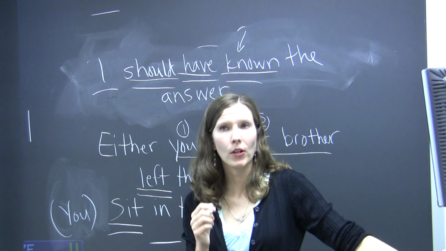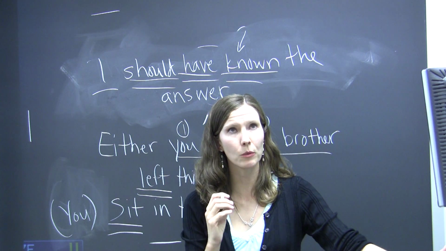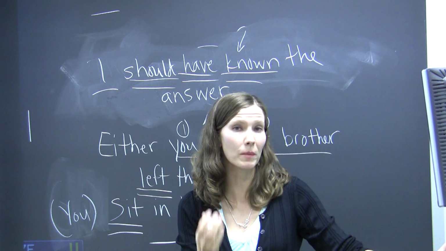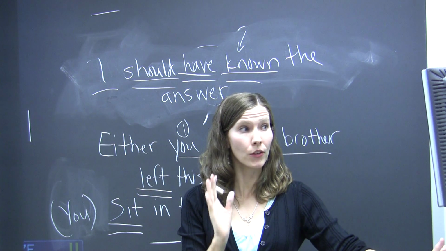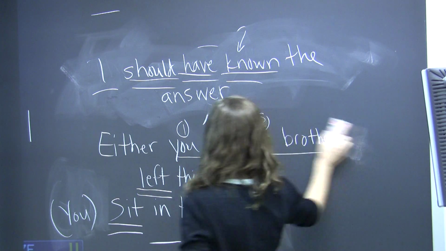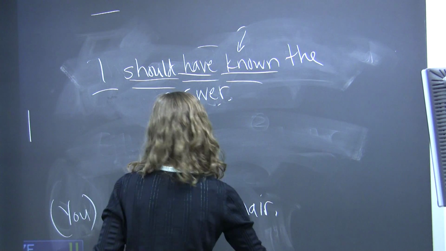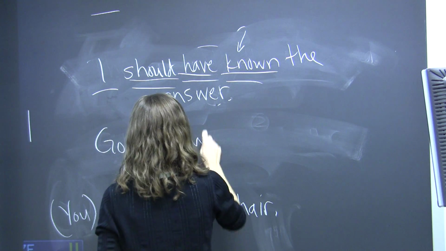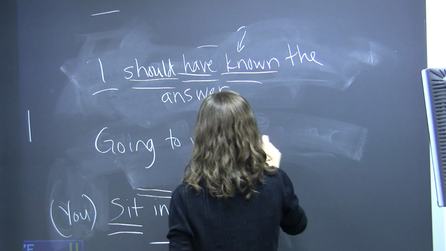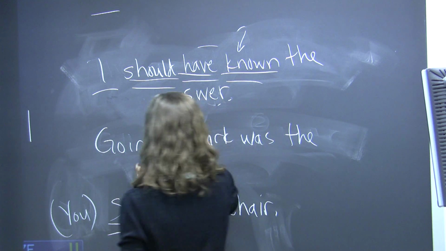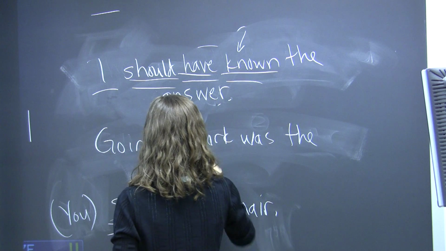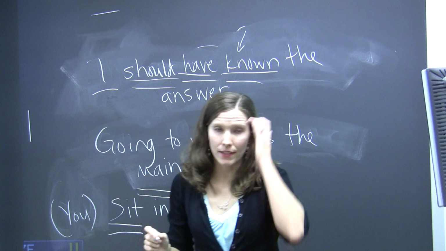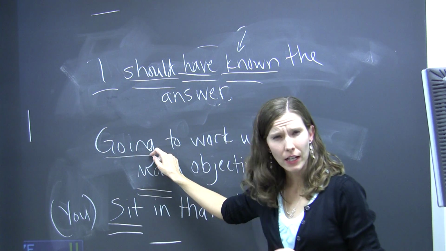There's also a part of speech called a verbal. That is a word that looks like a verb, but it functions as a different part of speech in the sentence. It has a different purpose. So for example, in this case, going looks like a verb, but it's actually called a verbal.